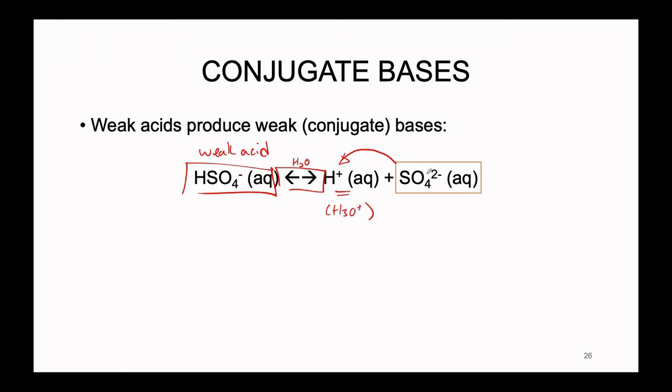So this SO4 2 minus, if we were to look at this reaction from the opposite perspective, right, products become reactants, is able to interact with the water reversibly to create some more HSO4 minus and some OH minus. So we've talked already about the reversible nature of the dissociation of these weak acids and weak bases.